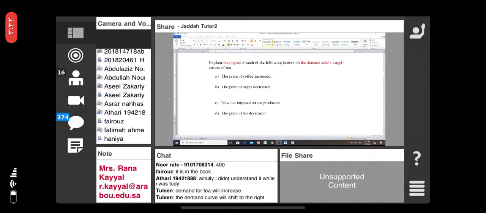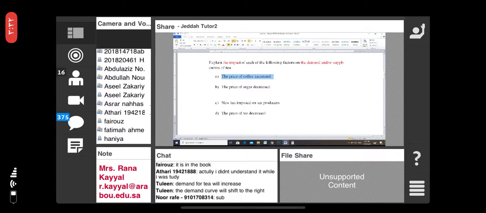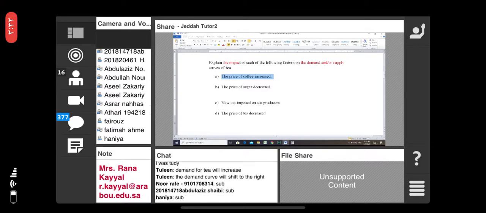Okay, so let's start by a tea production. The price of coffee increase. The coffee is what? What's the relationship between coffee and tea? إيش علاقة الكوفي مع التي؟ Substitute. When the price of substitute increase, what will happen?